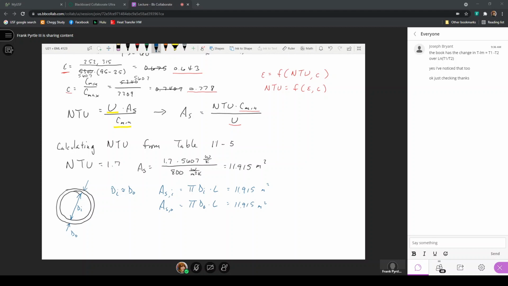Now, of course, the diameter and the length are going to effectively change what the value of the overall heat transfer coefficient would be. In this problem, it was given, but we know from chapter 8, if we change the diameter through which the fluid is flowing, we change the Reynolds number.